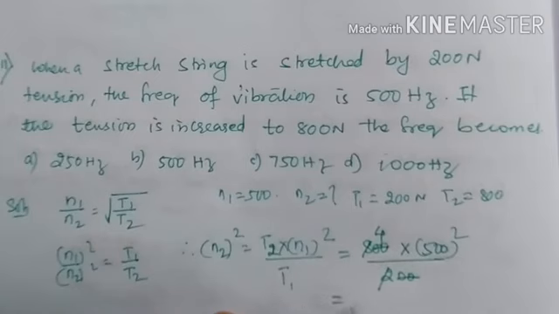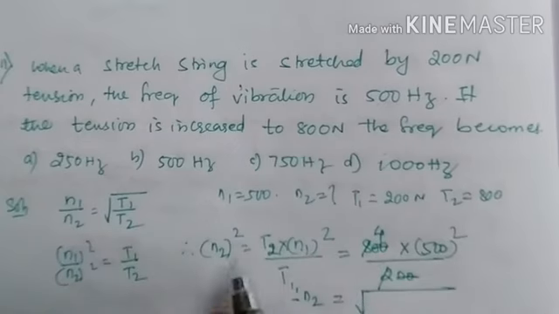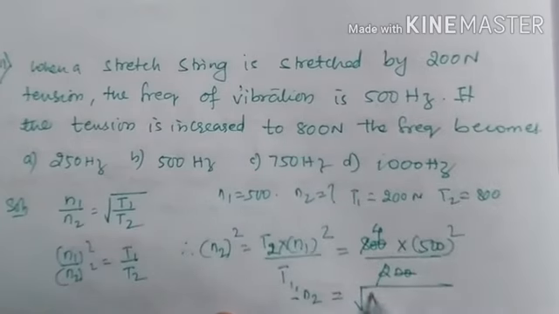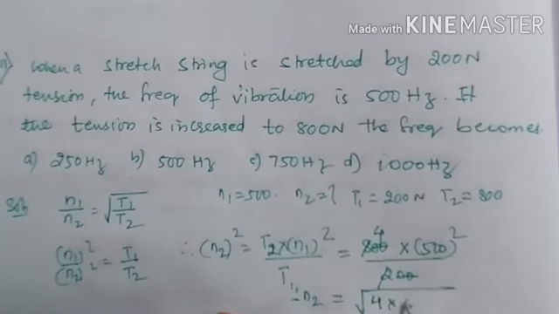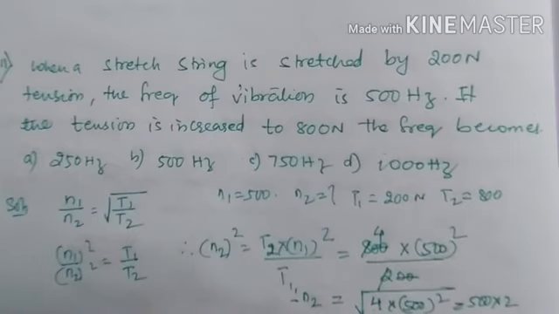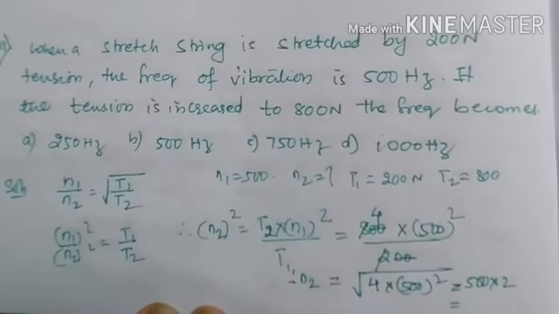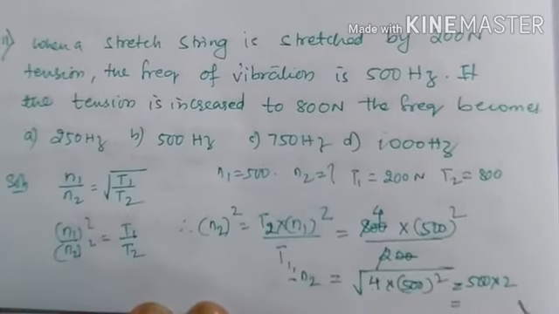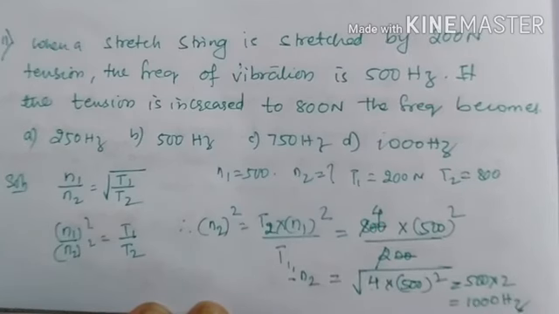Therefore N2 is equal to the square root of 4 into 500 square. 4 means 2 square, so the square root gets cancelled. So 500 into 2 becomes how much? It is nothing but 1000. So the answer is 1000 hertz. It doubles up. That is our answer.